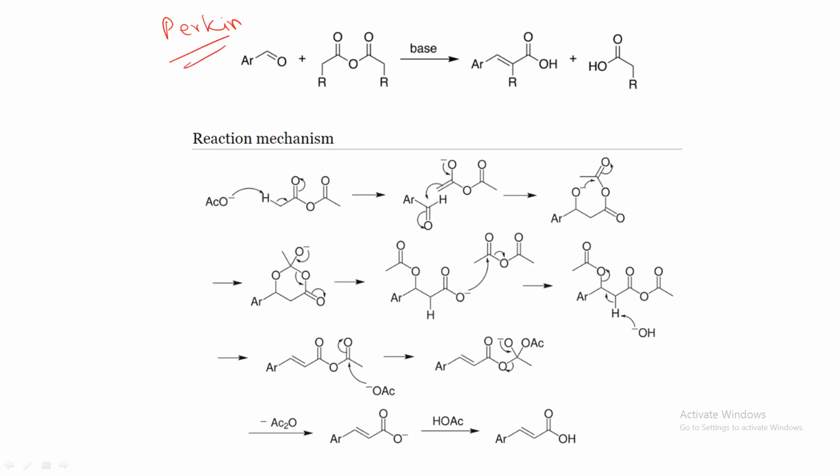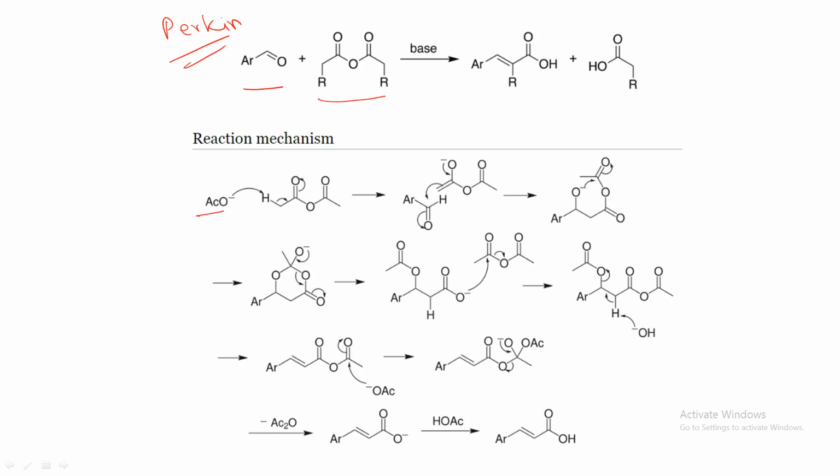So in the Perkin reaction, one aldehyde molecule is there and one anhydride molecule of this type is present. In presence of base, it generates two important molecules, one alpha beta unsaturated acid and another equivalent of acid. So let's see the mechanism, how things operate.